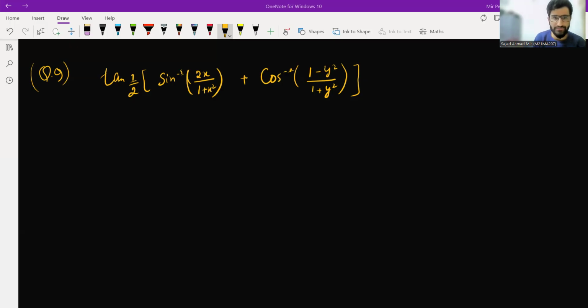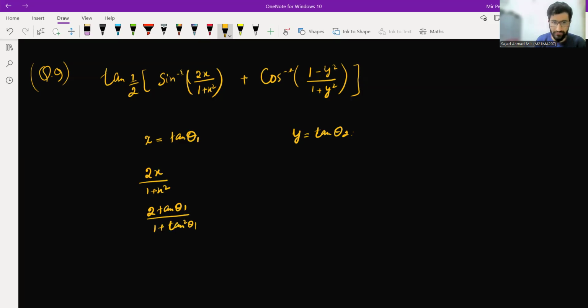So what we do here is put x equal to tan of theta 1 and put y equal to tan of theta 2. Then 2x divided by 1 plus x square will be 2 tan of theta 1 divided by 1 plus tan square theta 1.